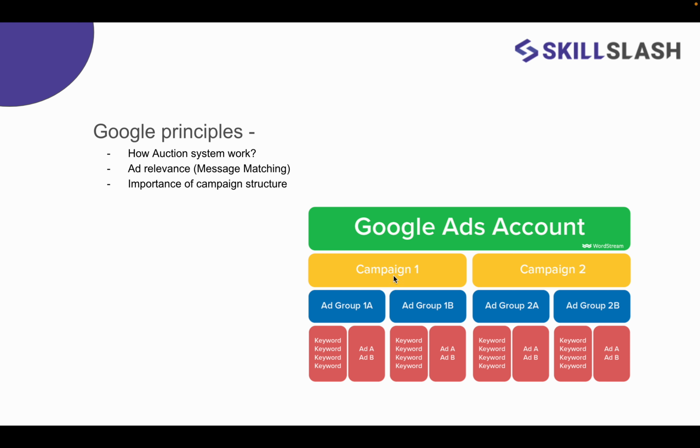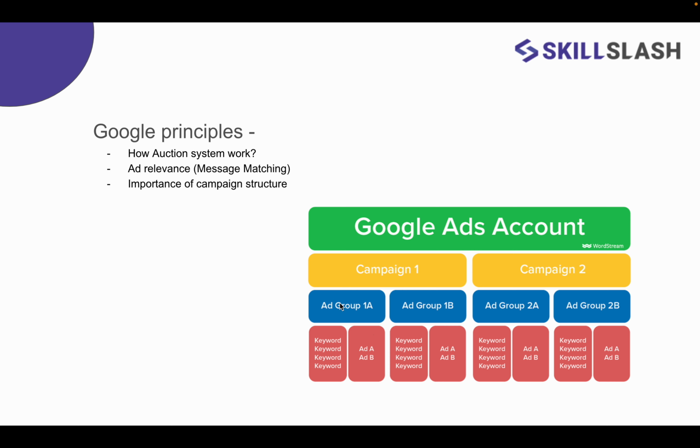If someone is searching for a formal shoe as a search term, Google will show this campaign, because this campaign is related to shoes. And this campaign will trigger this ad group, because inside this ad group the keywords are formal shoes. Then your ad will be related to only formal shoes. So like this, the campaign structure works.